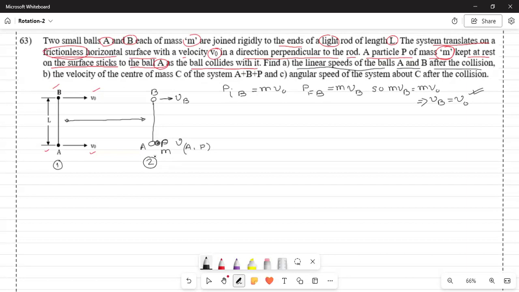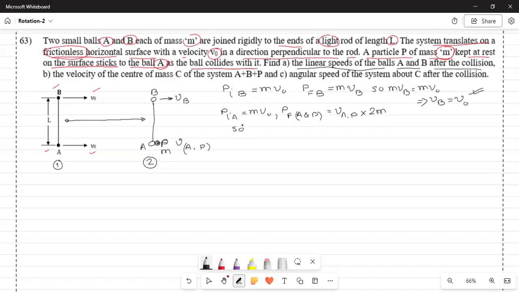We do the same exercise for the point A. Initial momentum of A is m V naught, and final momentum of A and P together, we have considered this velocity as VAP, multiplied by its mass, which is now 2m.